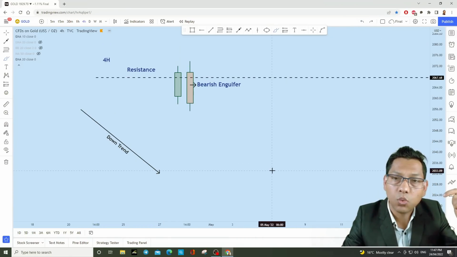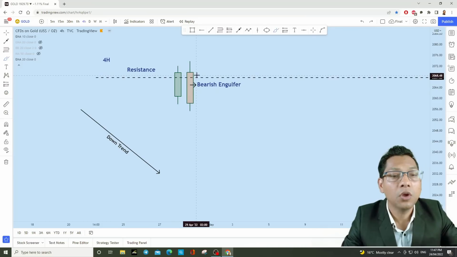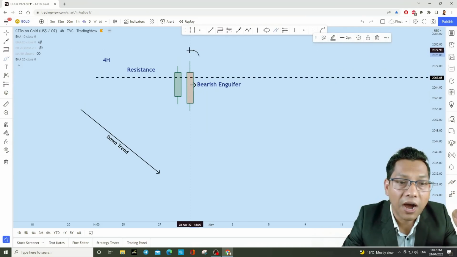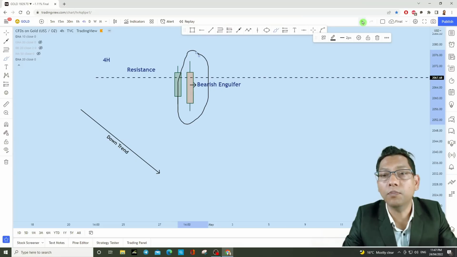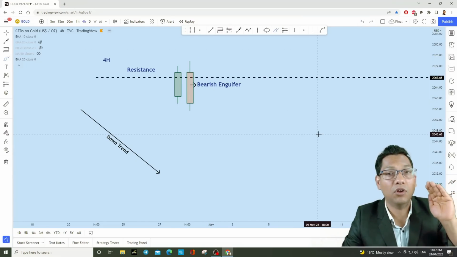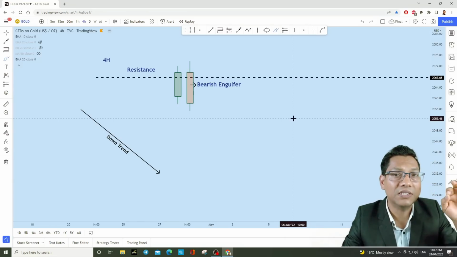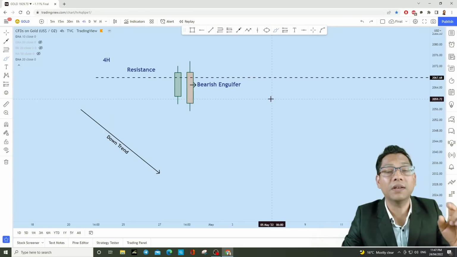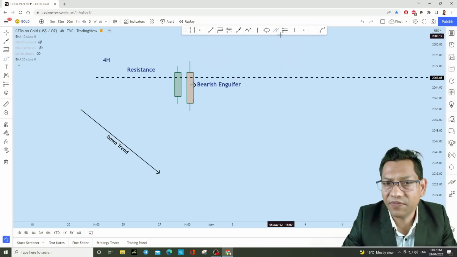Once we find the direction of the trend, we will be waiting for a bearish engulfer to be formed on the 4 hour time frame on a level of resistance. The resistance doesn't have to be a key level, just a simple resistance, but this bearish engulfer has to be in a specific way.